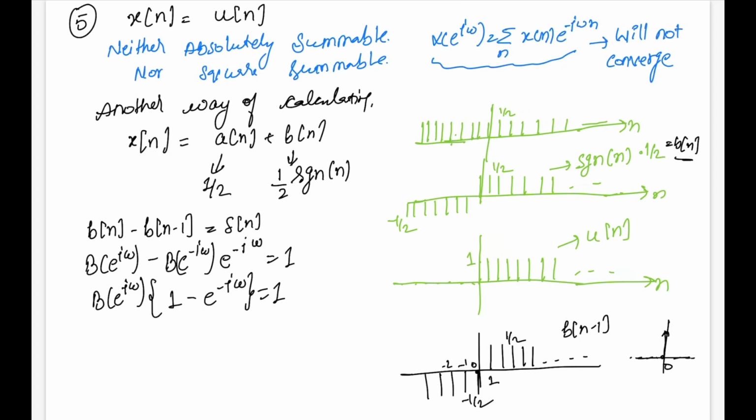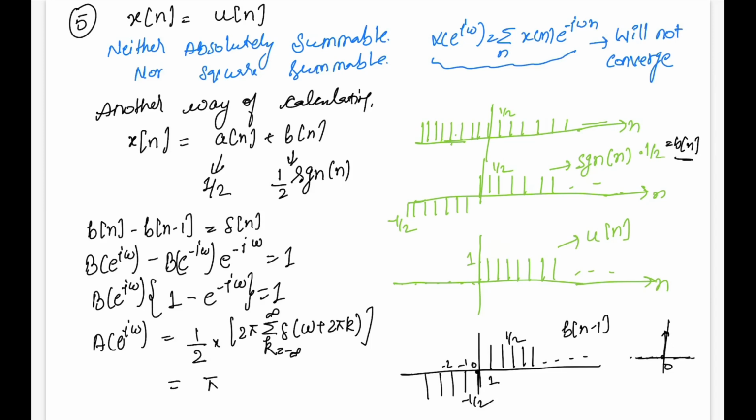Okay, and regarding A(e^{jω}), we have already seen that the Fourier transform of a constant, the Fourier transform of 1, is 2π times the summation over k, where k varies from minus infinity to plus infinity. So basically A(e^{jω}) is π times the summation over k of δ(ω plus 2πk).